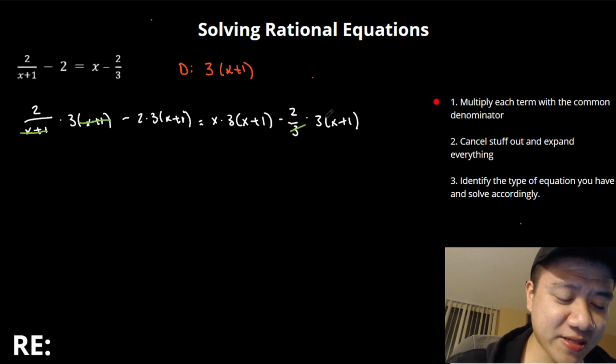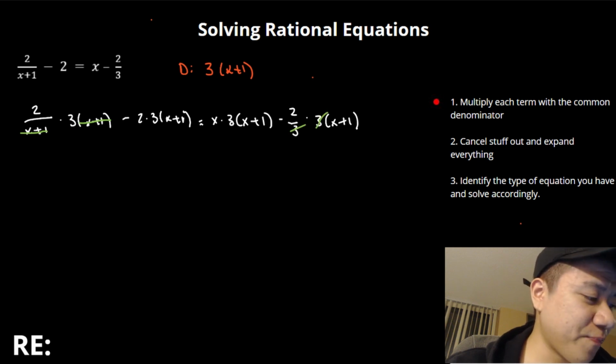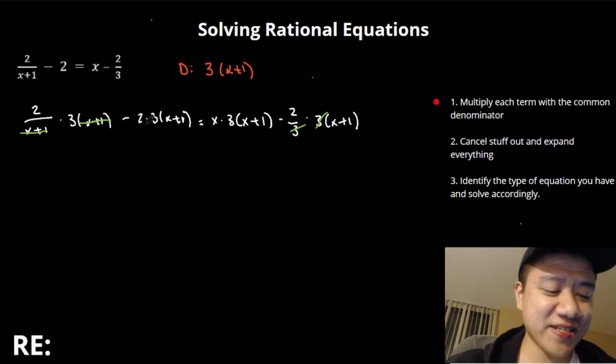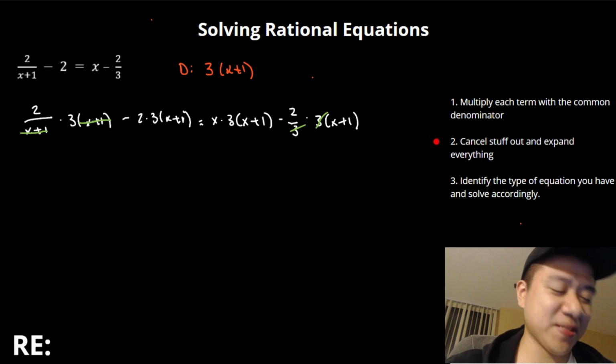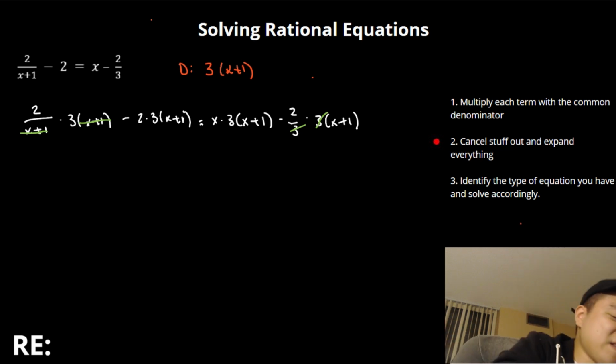Okay. So the next step is we simplify and expand everything. Each one of these has brackets, with stuff being multiplied and subtracted with each other. So we're just going to expand everything out, get rid of all our brackets, and then simplify as much as we can.